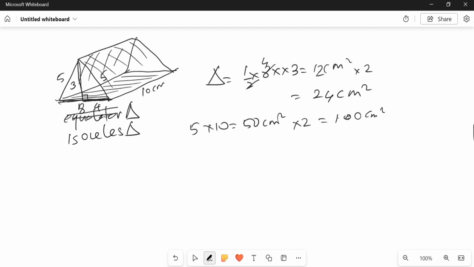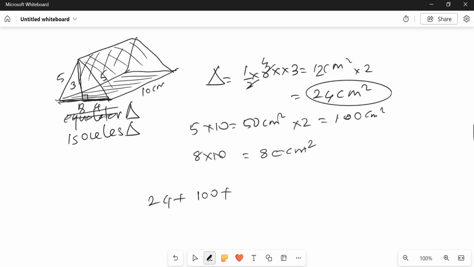The base one is completely a different size, because base length is 8 and length is 10. So 8 into 10, 80 centimeters squared. So the total surface area is the 2 triangular faces already found, 24, plus 2 rectangles on either side of the triangle, 100, and the bottom one is 80.